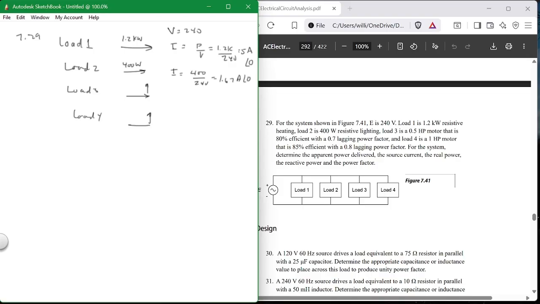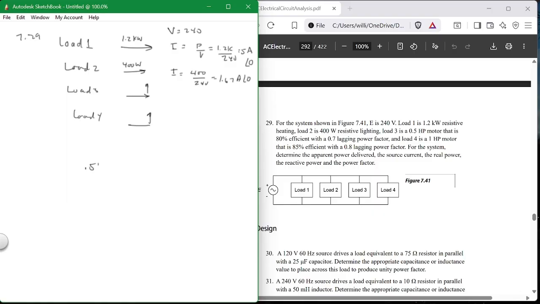Now, what is the third one? It says an 80% with 0.7 lagging power factor. So it's a 0.5 horsepower motor.